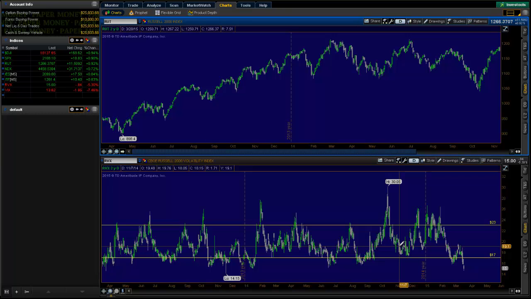You have just added confirmation to your psyche that you have this figured out. You think, I know what I'm doing, and I'm going to lever it up on the next trade because I'm good. It's a dangerous, dangerous game, because when that happens, inevitably you're going to lose and you're not going to know why.